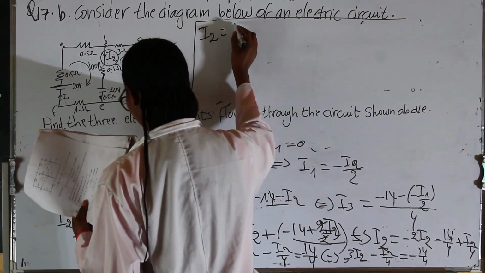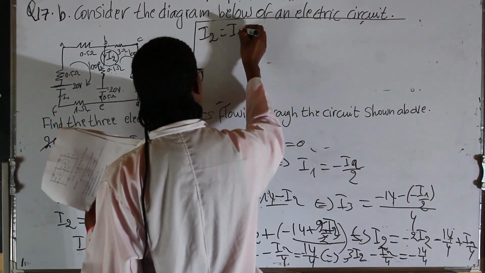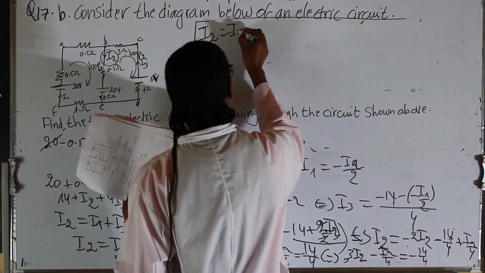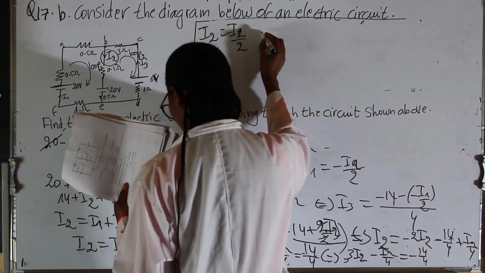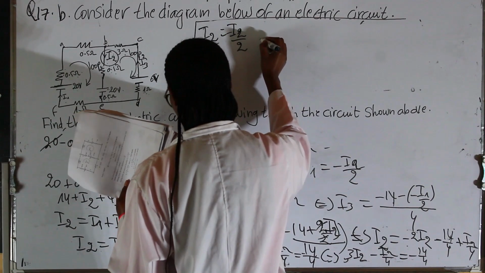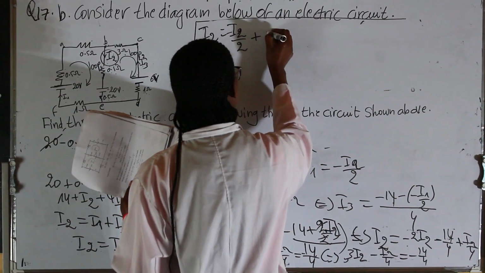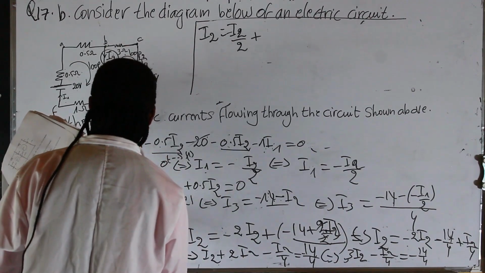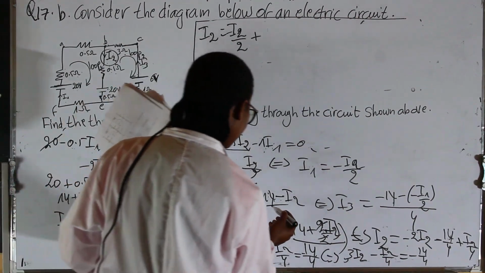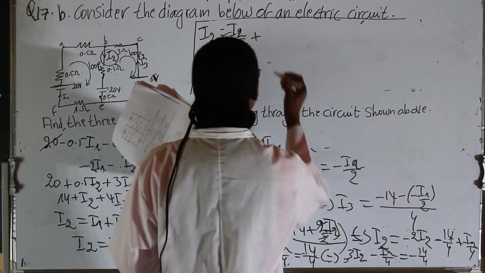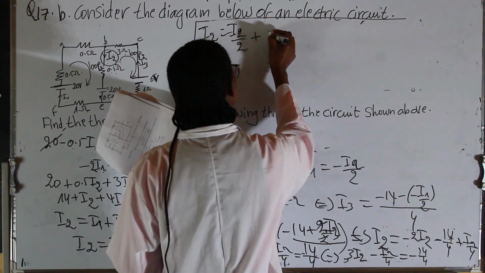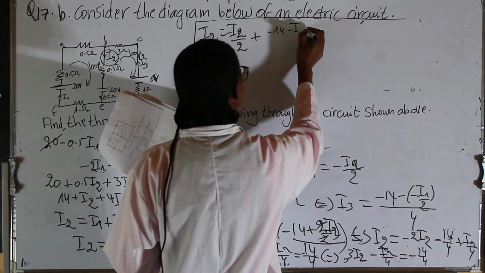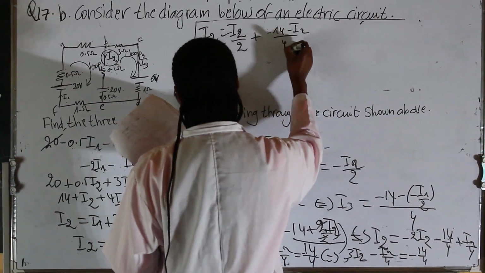I1, which is equal to minus I2 over 2 plus I3. I3, from here, I3 is equal to minus 14 minus I2 over 4.